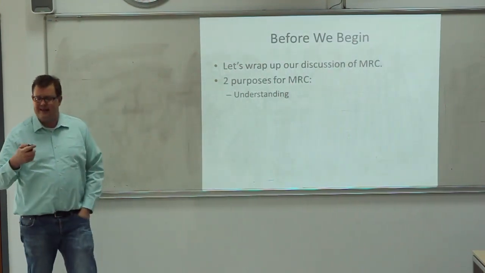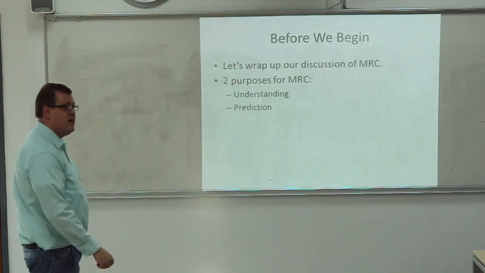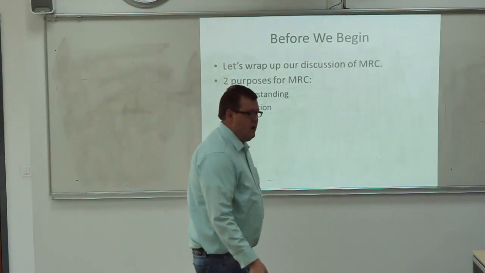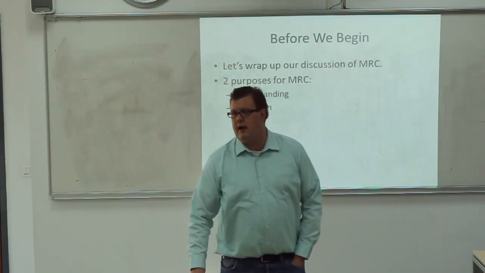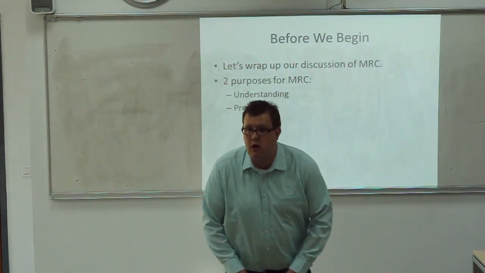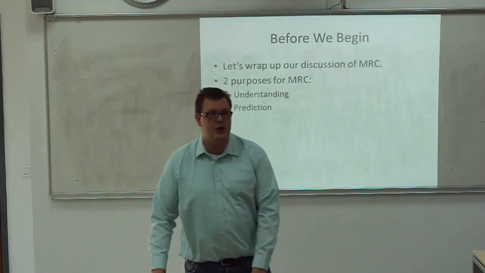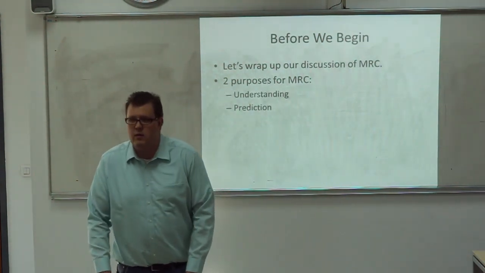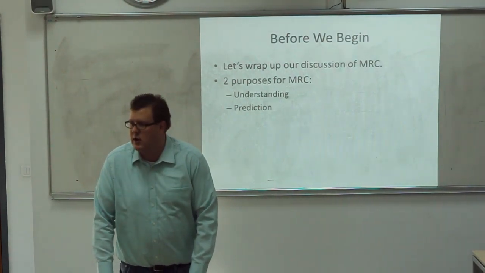So the first purpose that I see has to do with understanding. The second one has to do with prediction. When we've talked about both simple linear regression and multiple regression, we've talked about correlation coefficients and also regression coefficients, right? And the regression coefficients are what? What regression coefficients are we talking about?